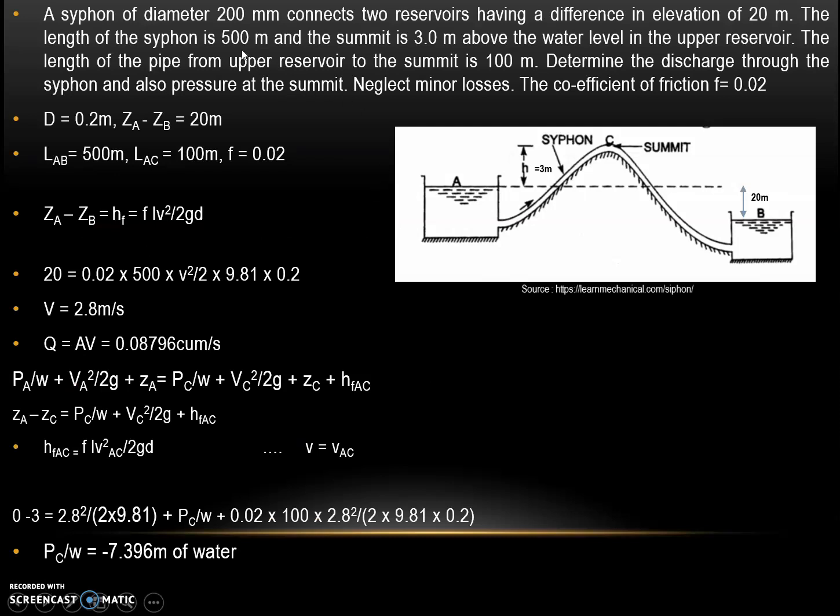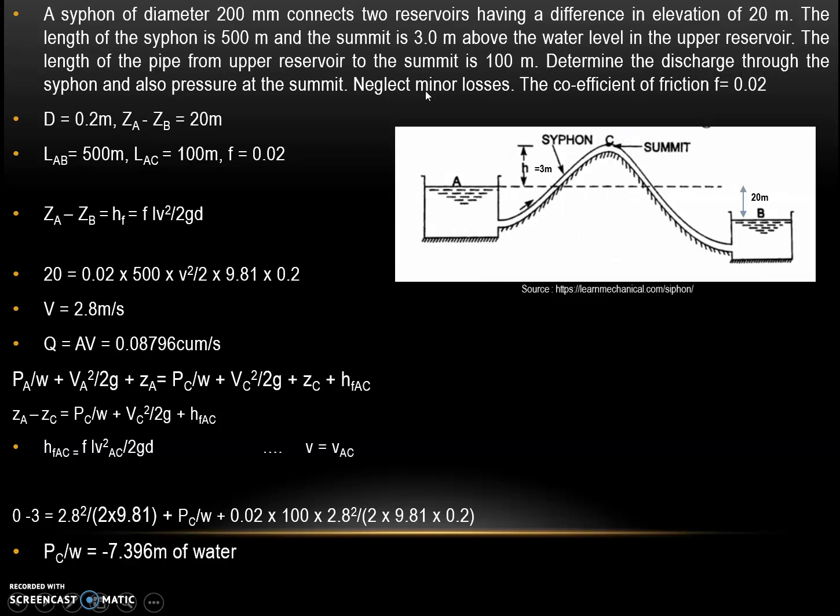Now let us solve a problem based on the siphon. A siphon of diameter 200 mm connects two reservoirs having difference in elevation of 20 meter. The length of the siphon is 500 meter and summit is 3 meter above the water level in the upper reservoir A. The length of pipe from upper reservoir to the summit, that is point C, is 100 meter.